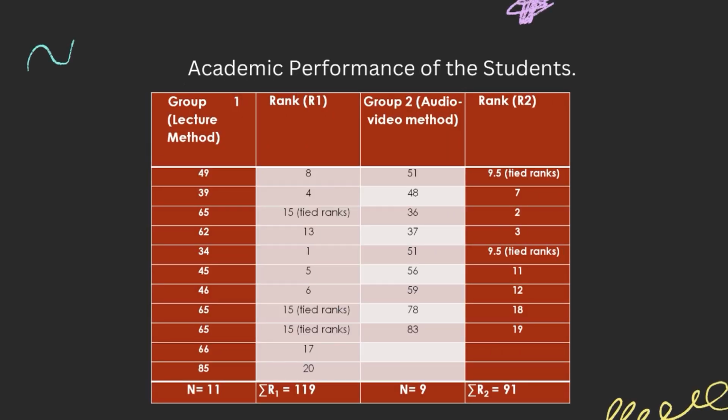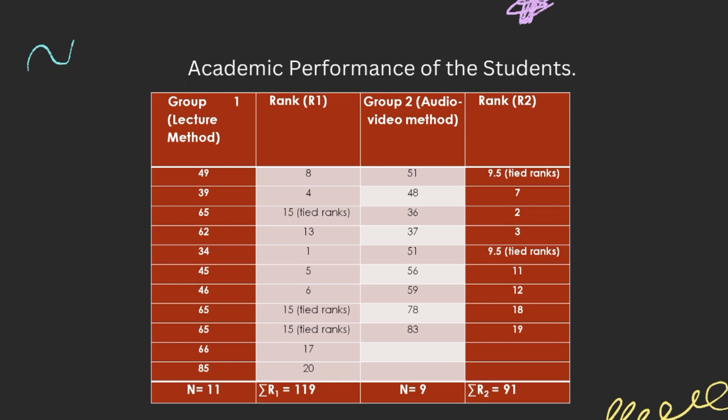As you can see here in table number 1.4, the academic performance of the students is given and ranks are also assigned. For example, in group 1, 34 is the lowest score and that is why rank 1 is given, and rank 2 is given to score 36, which is in group 2, the group discussion method.